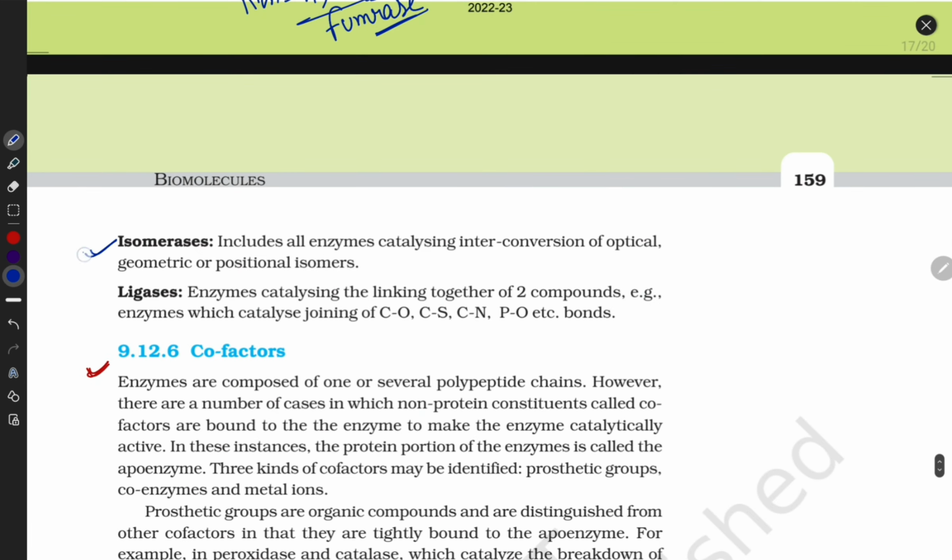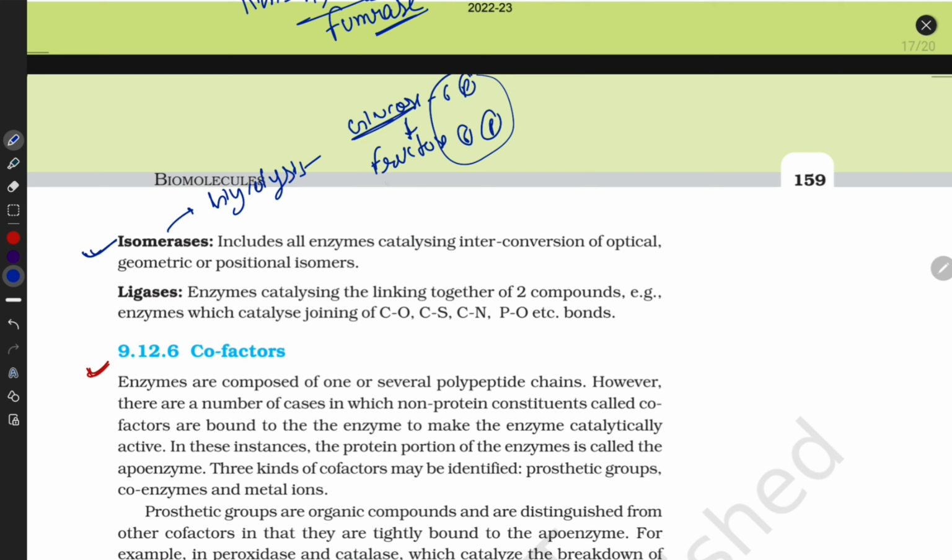You can be familiar with this example in the case of glycolysis. Remember, guys, when glucose 6-phosphate changes into fructose 6-phosphate, this group changes into this group. Glucose changes into fructose with the help of isomerase. They isomerize, changing the conformation.